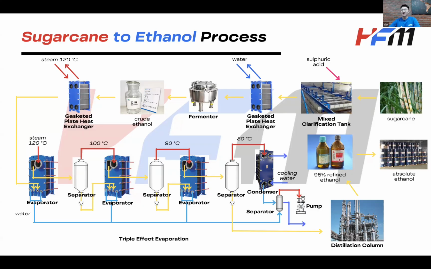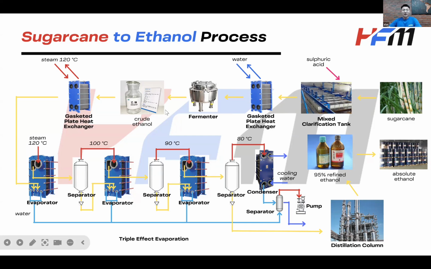In this process, we add sulfuric acid, which helps to precipitate the impurities more easily. Next comes the magic of the fermentation process in the fermenter, where the carbohydrates are broken down. But before fermentation, we use a cascaded plate heat exchanger to adjust the temperature to the perfect level for the fermentation process.